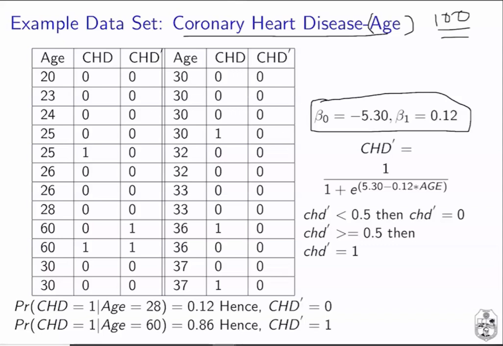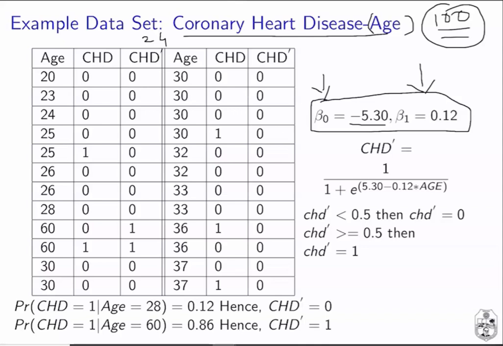Here I am showing only 24 entries in this sample, but in the actual data set there are 100 entries. And suppose that by using the gradient descent algorithm, we have got beta 0 equal to minus 5.30 and beta 1 equal to 0.12.